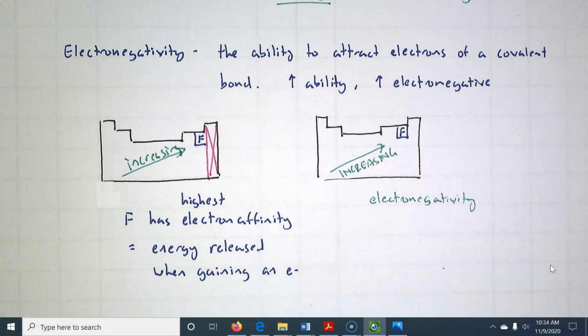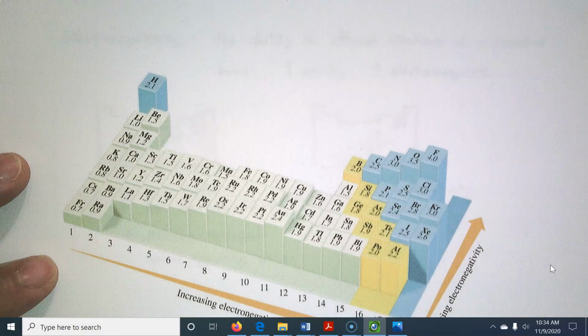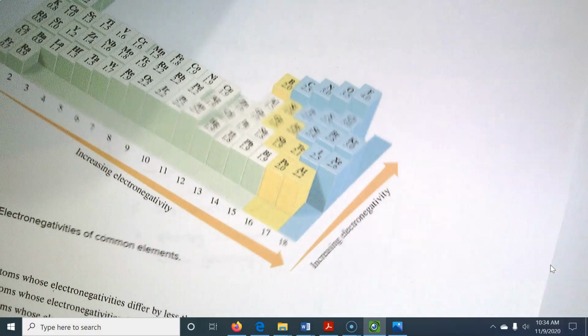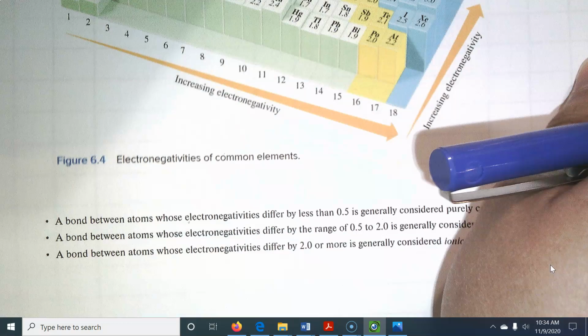Okay, let me show you Pauling's electronegativity table. This one's a little bit of a fancy one. It's three-dimensional. But the numbers that we want to look at, now don't worry too much about the units of the numbers. It's a relative scale.